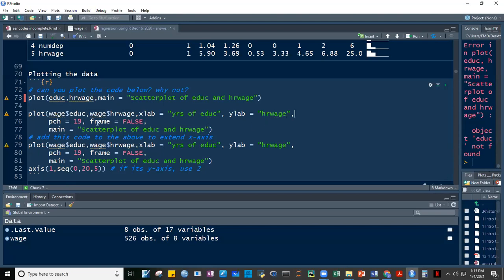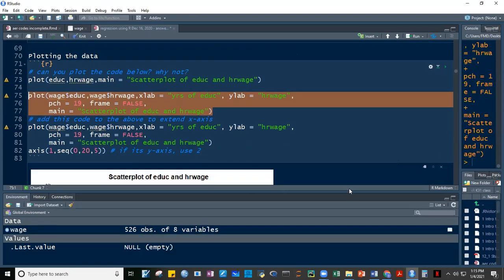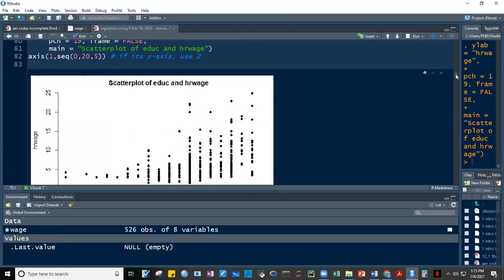And then this is the plot character, what kind of plot. The frame is equal to false, so no frame line. And the main will be the title of the plot. So if we highlight this and press control enter, our plot will appear.